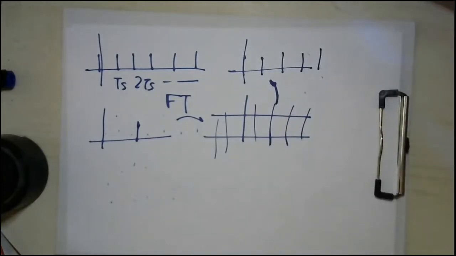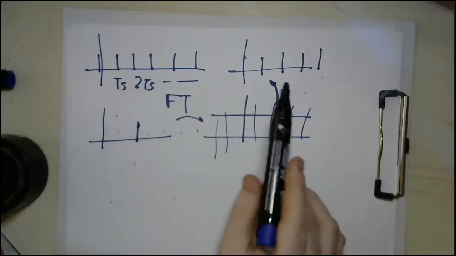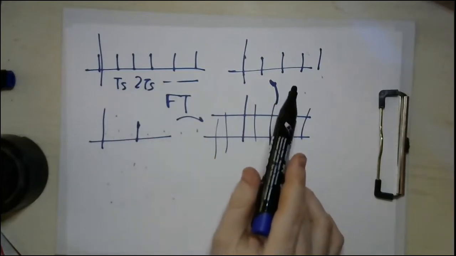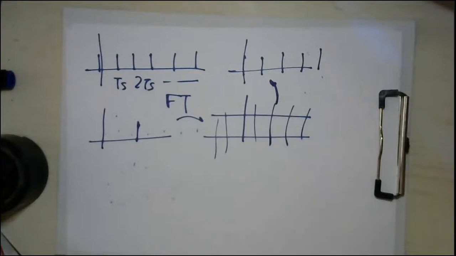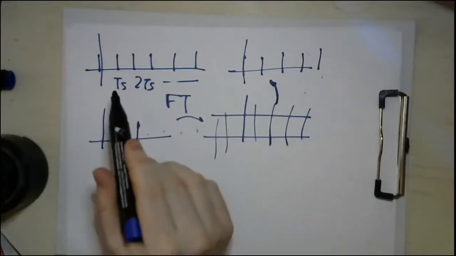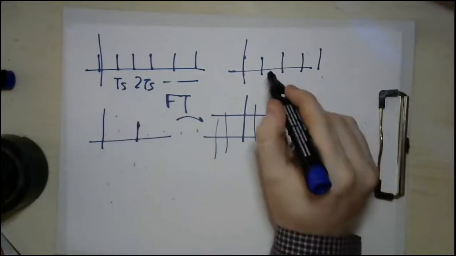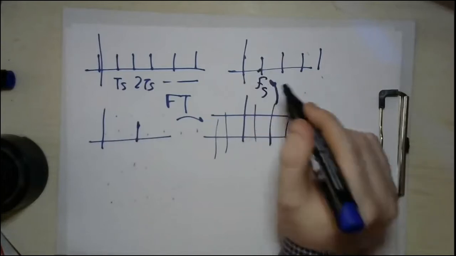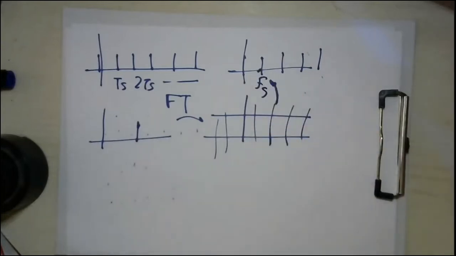Can you imagine? This is a very, very unique signal where the format of the signal in the time and the frequency domain is identical. It's not 100% identical because this is a time domain where the spacing is Ts, and this is a frequency domain where the spacing is Fs, which is one over Ts. You can prove it mathematically. However, the general format is identical.